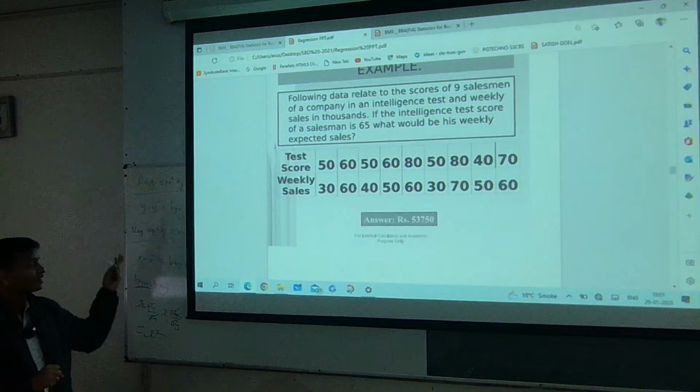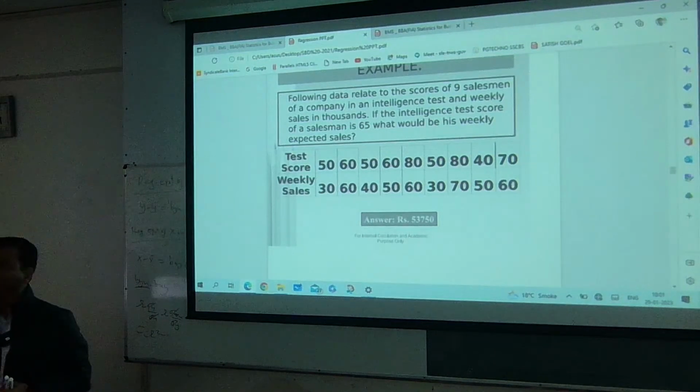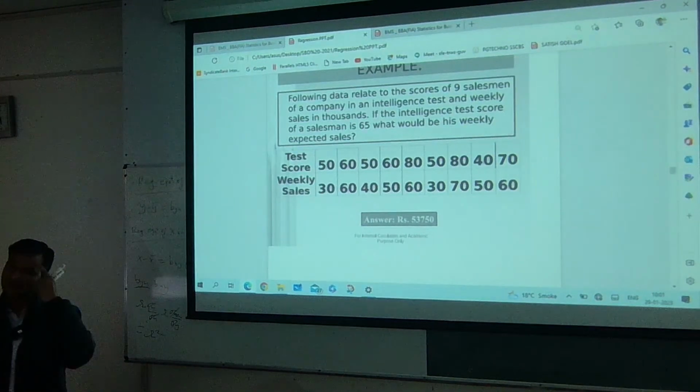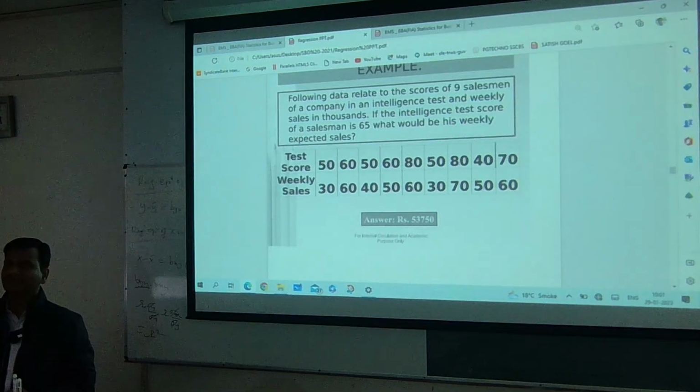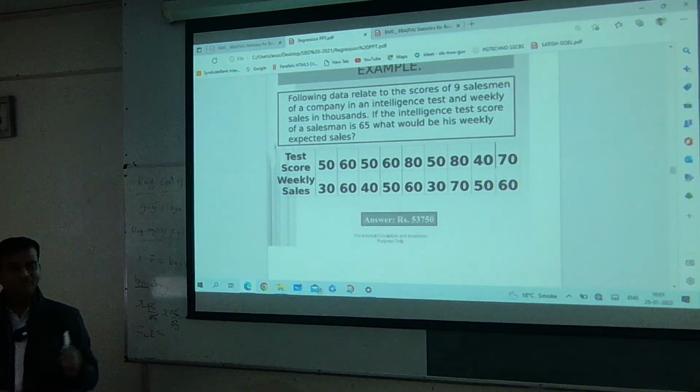So which one should you take as x and which as y? In other words, which should be the dependent variable and which should be the independent variable?